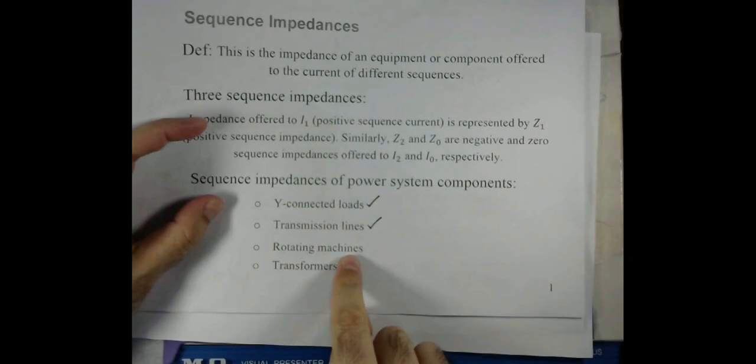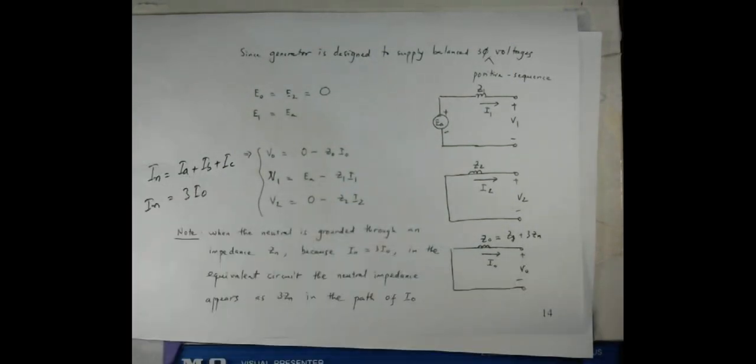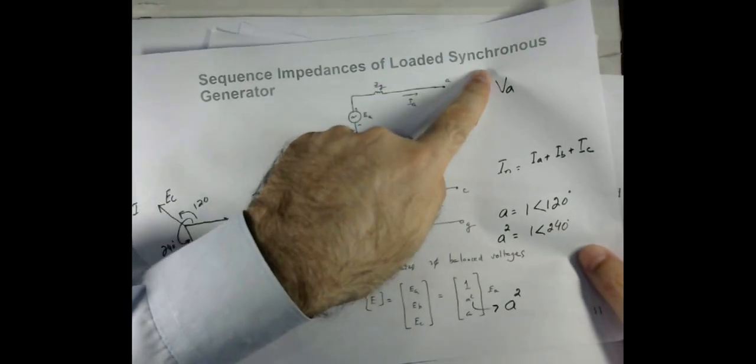So with this I would end this lecture, and I would once again say that we have now covered the rotating machine, and we have discussed the sequence impedances of the synchronous generator.